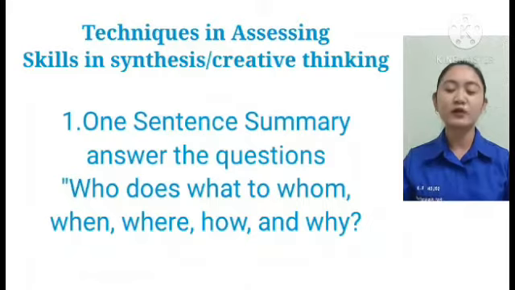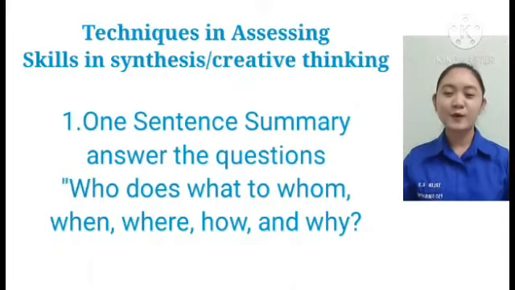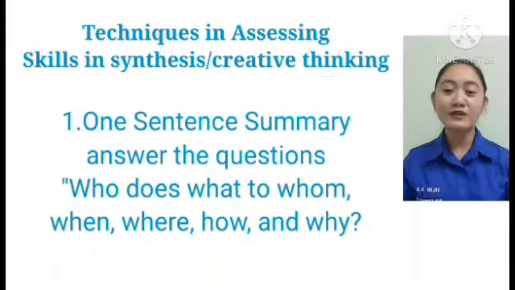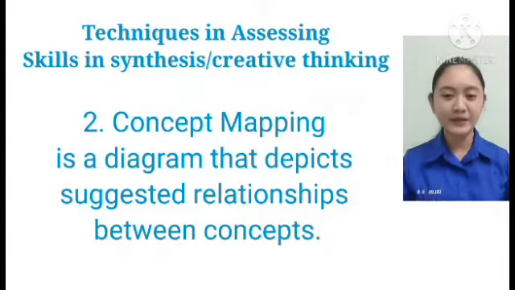I would start with, okay class, for this activity, I want you to write in one whole sheet of paper, how does the economy work? With that question, we will be able to evaluate how the students really comprehend the lesson, because when they comprehend the lesson, they will be able to explain how the economy works.